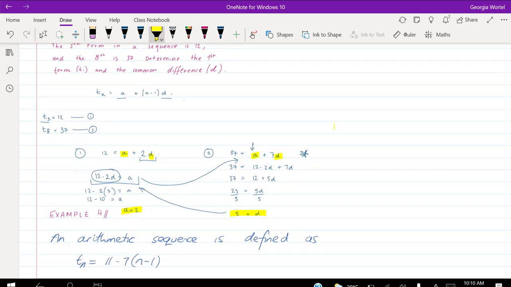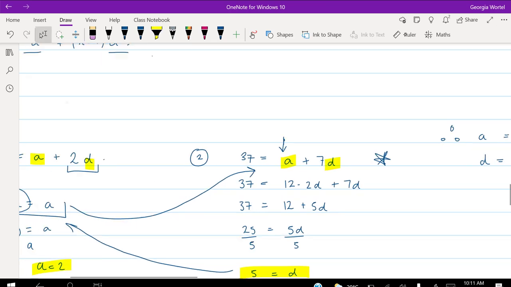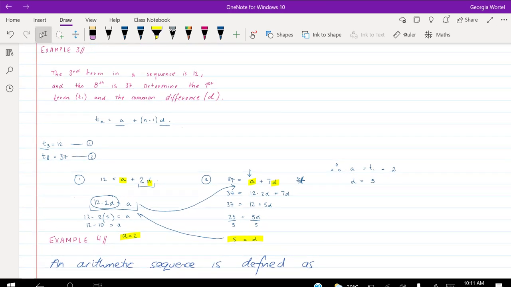I would say therefore, oh whoopsies, but not right in highlighter. Therefore, A or T1, whatever you'd like to call it, is 2. And the common difference is 5. And that's the question answered. That's probably as hard as it's going to get, guys. Like, that's really incorporating a few different topics together.